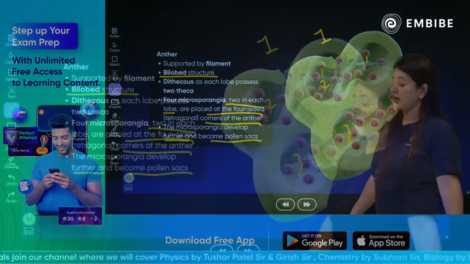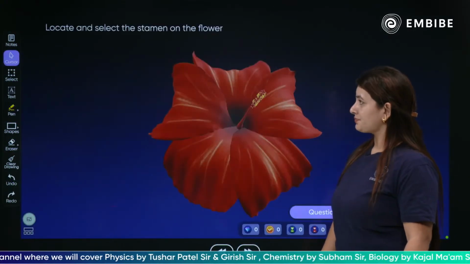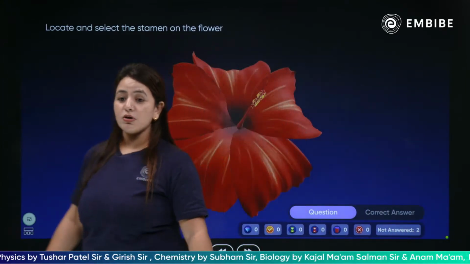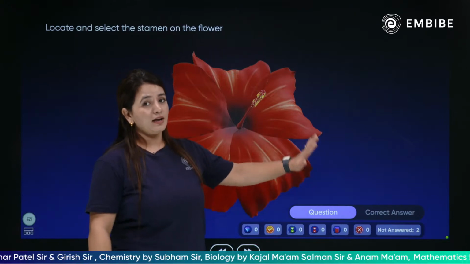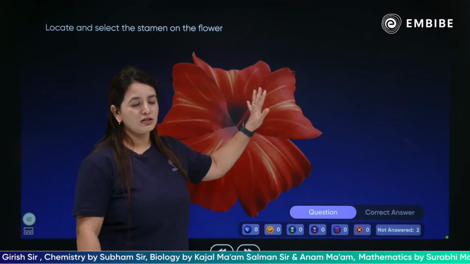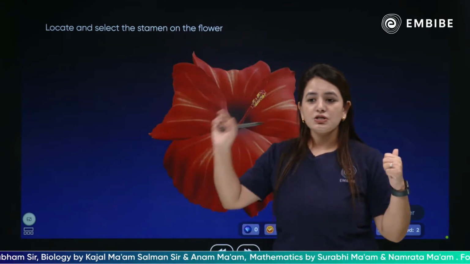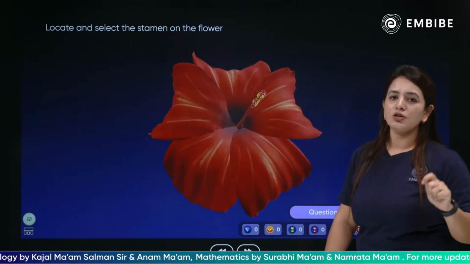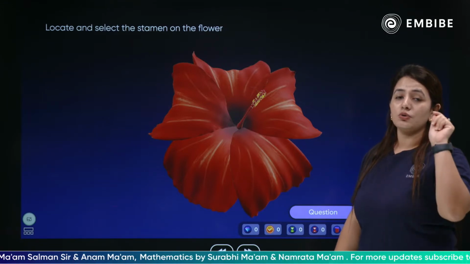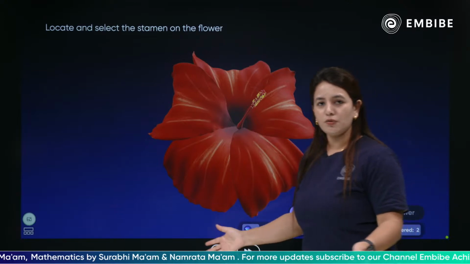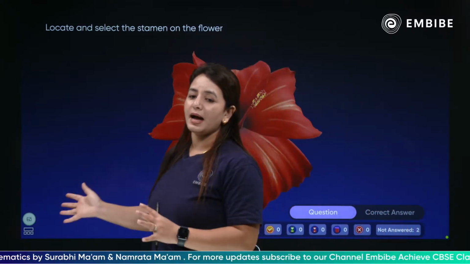Talking more about the stamen, the next thing we have is of the flower. So which part of this? If you join us on the Imbibe app, you can attempt this question on your screen. You can use the cursor, your keyboard, or your touchpad. I know this is not possible over here, but you can always do it on the Imbibe app.